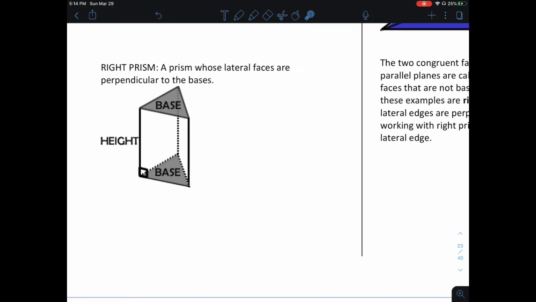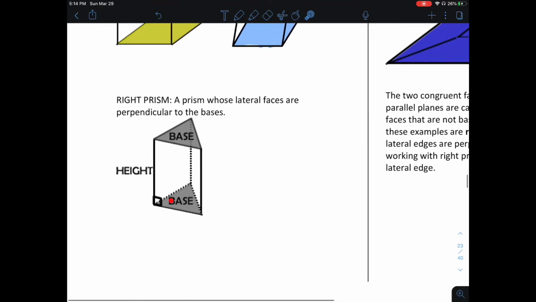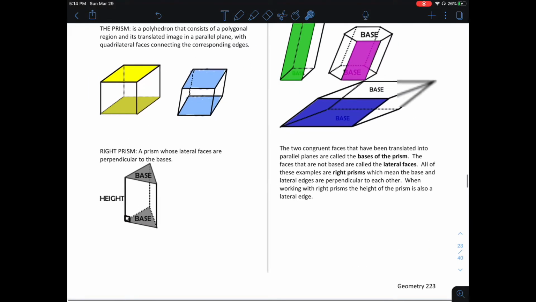It doesn't matter how we draw a prism, whether it's a right prism or not. In a prism, the bases are always parallel to each other. So these bases are parallel. And then the edges that connect corresponding vertices, those are perpendicular to the bases. That makes a right prism.